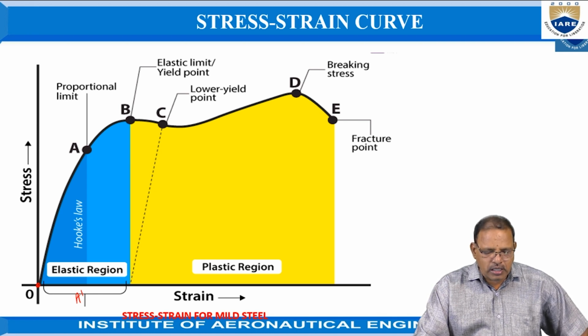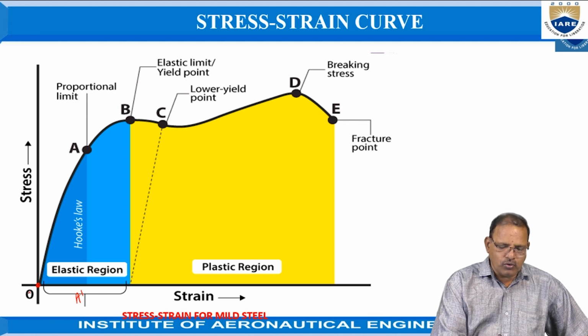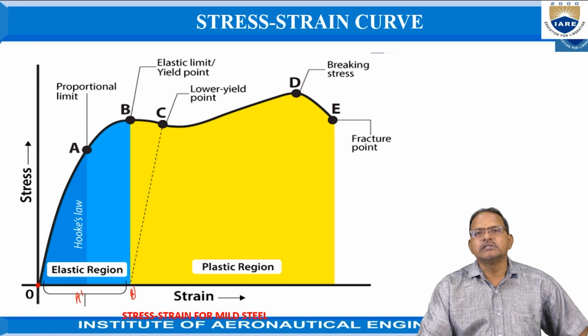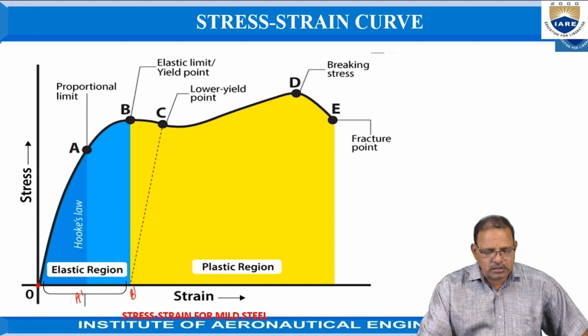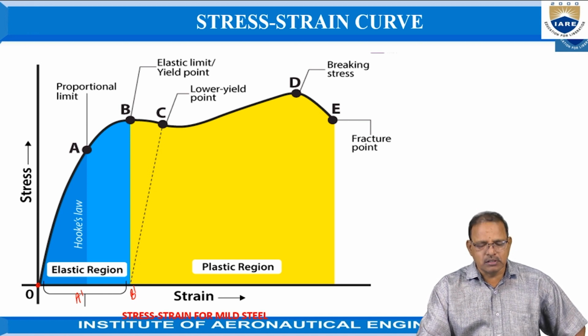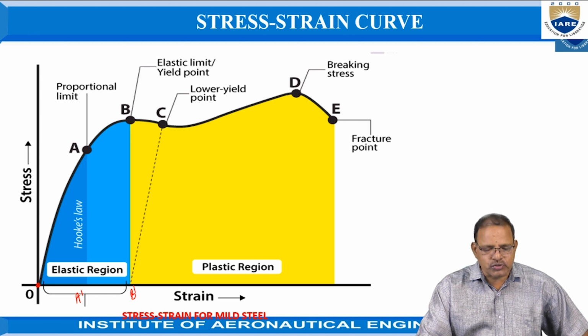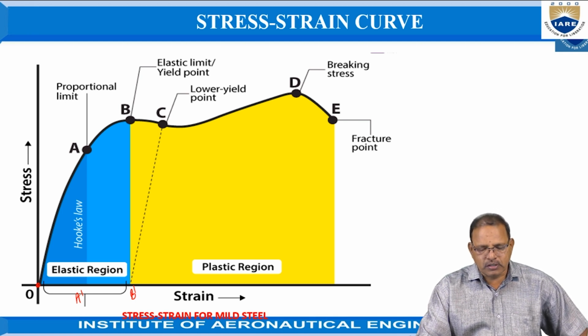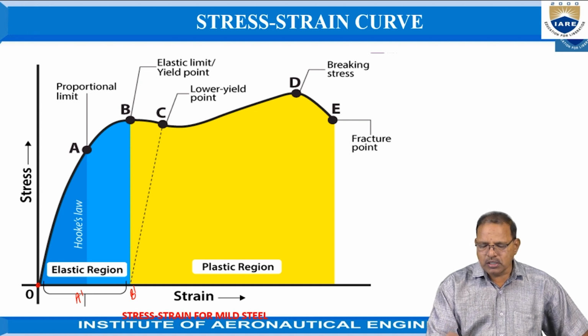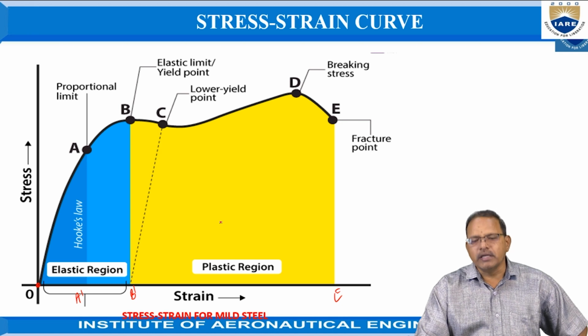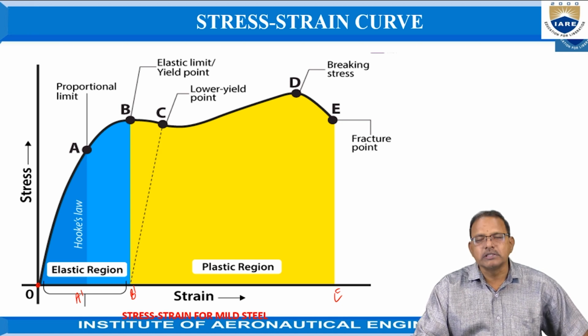Now, the area under O, B and B dash is called the elastic region. That is, on removal of forces, the object regains its original shape. But after B dash to E dash, this area, represented here in yellow color, is called the plastic region.